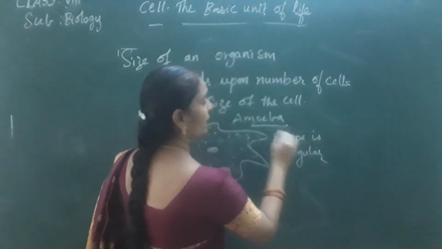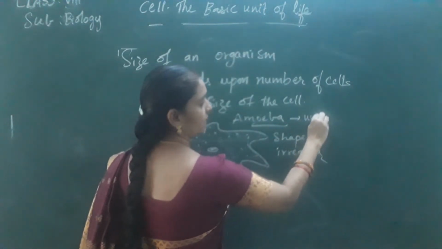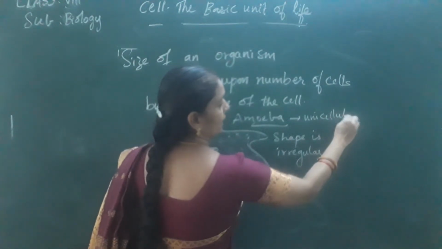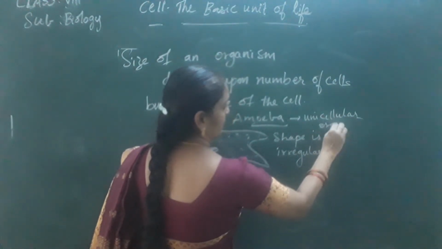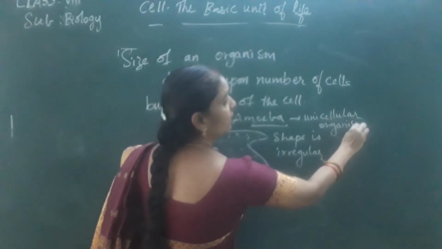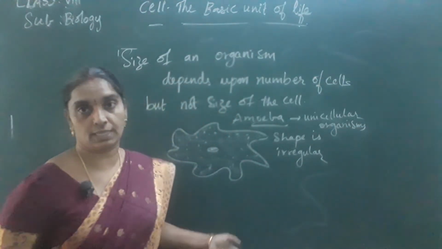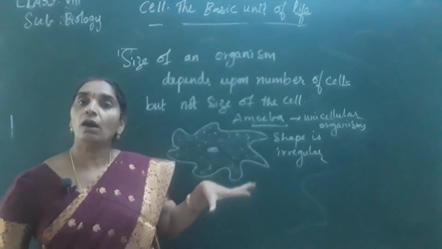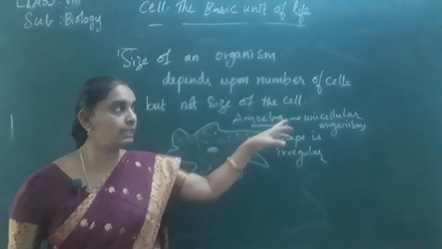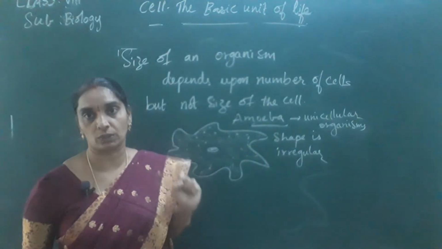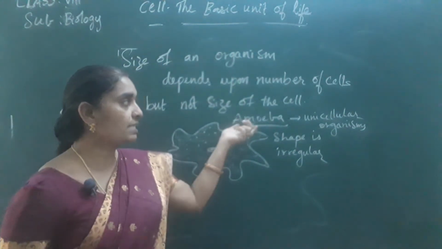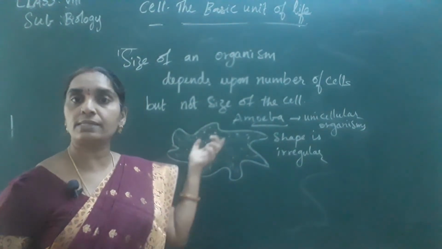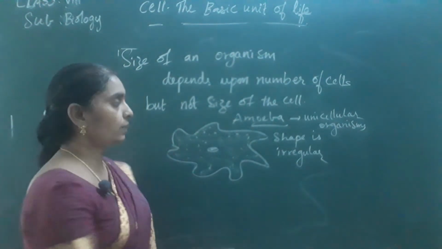It is a unicellular organism. So all the life functions, that is processes like ingestion, digestion, excretion, locomotion, are all performed by a single cell, that is, a unicellular organism.